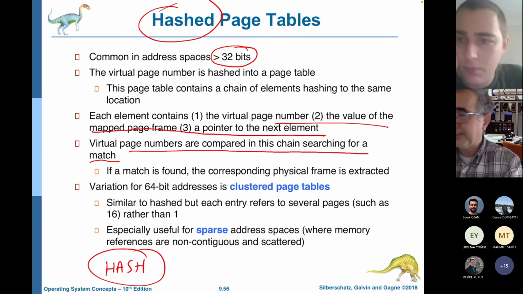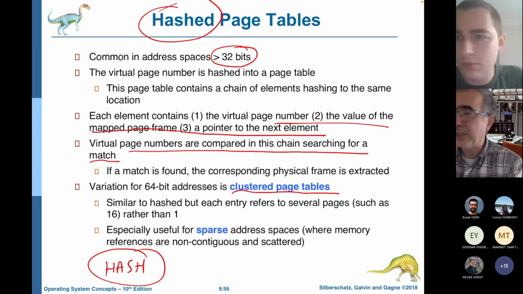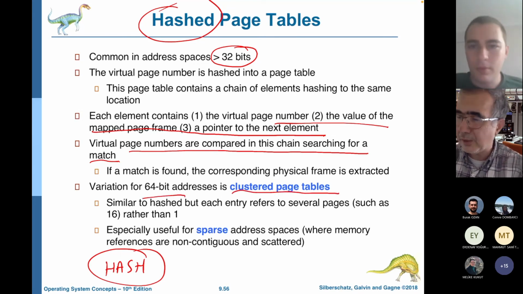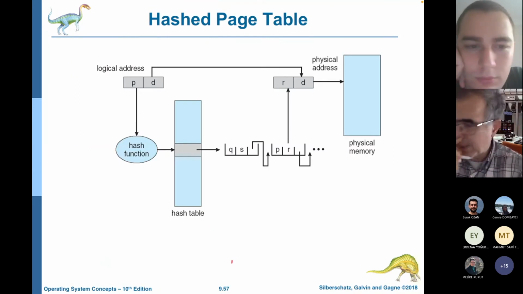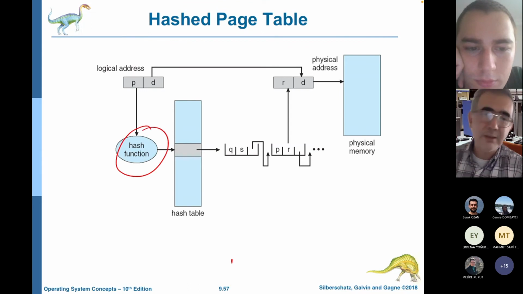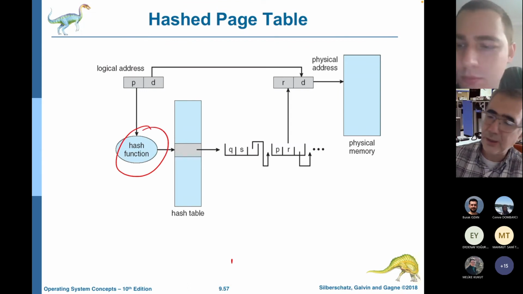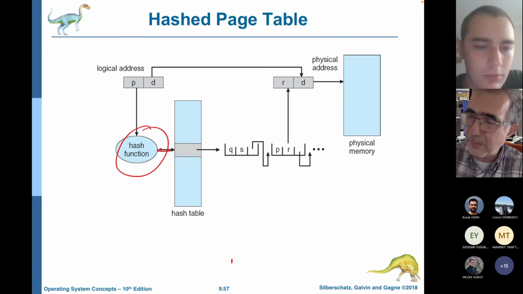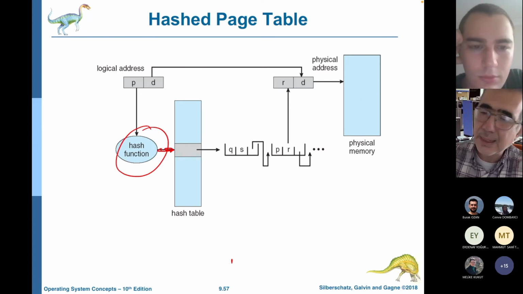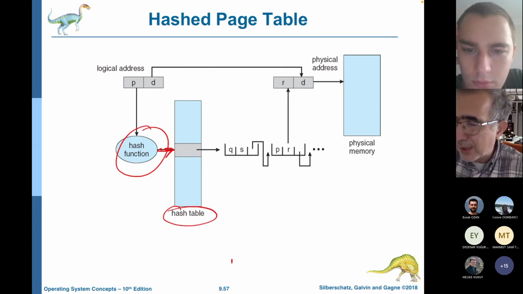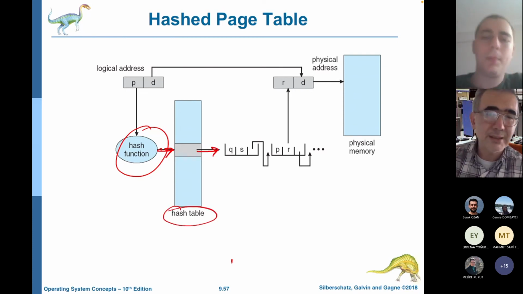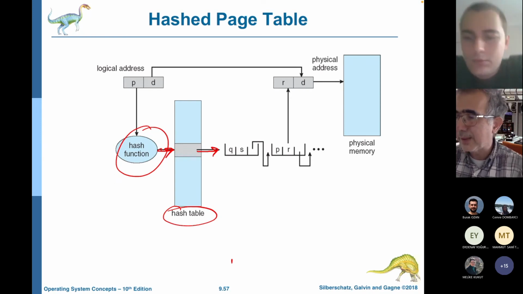Therefore, there is a clustered page table and there are variations. Let me show. This is how it is. There is a hash function, zero time hash function. That zero time hash function immediately selects the address in the local fast memory. That fast memory immediately extracts the address.